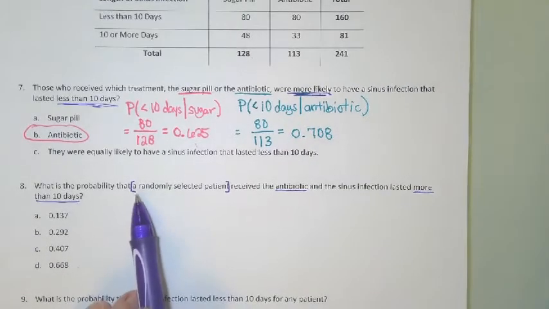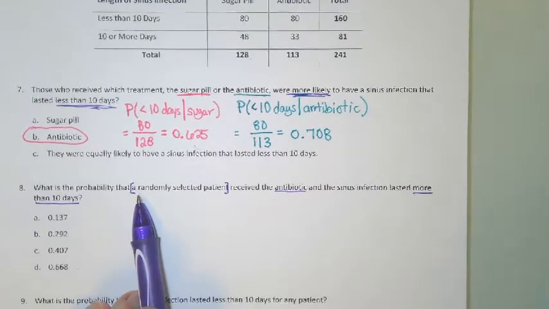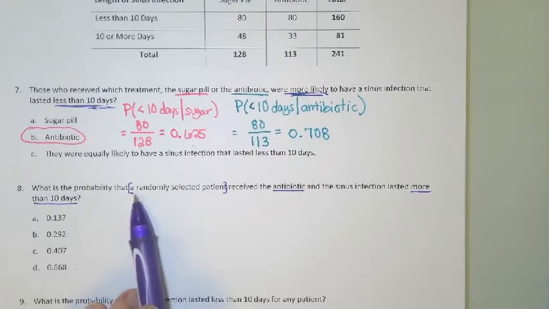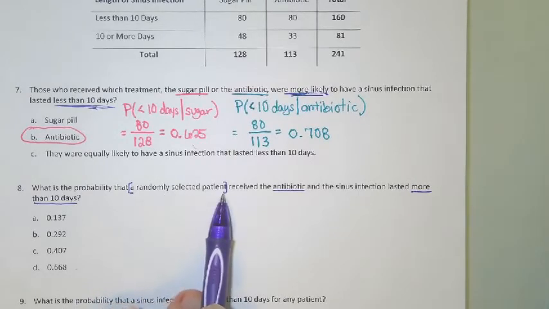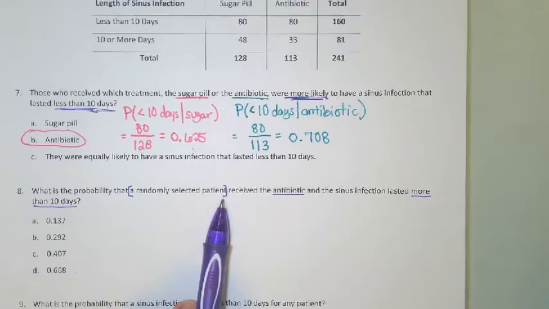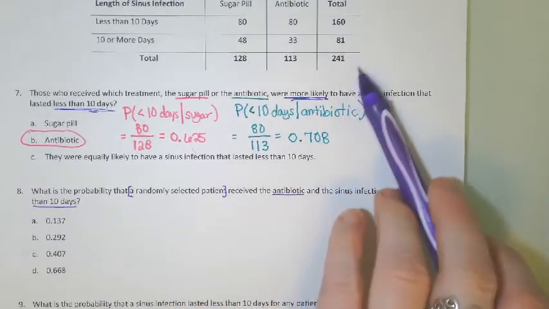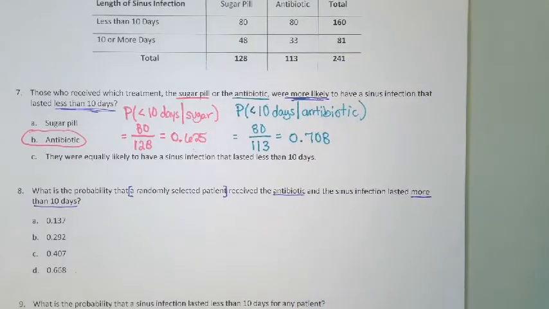So here at the beginning they've specified we're looking at the probability that a randomly selected patient. So our randomly selected patient means we're going to be looking at the complete total.